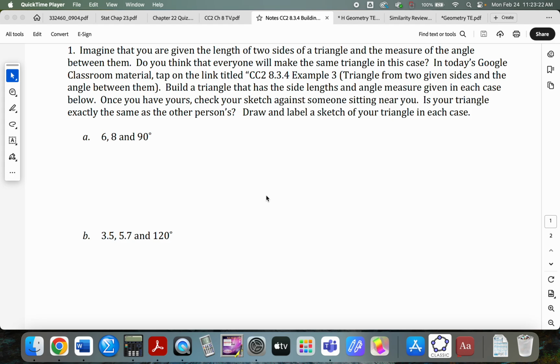Once you have yours, before you go on to the next one, so you people who like to zoom ahead, don't do it. Once you have yours, check your sketch against someone sitting near you. Is your triangle exactly the same as the other person's? Then draw and label a sketch of your triangle in each case. So for this first one, we want a side of 6, a side of 8, and an angle of 90.